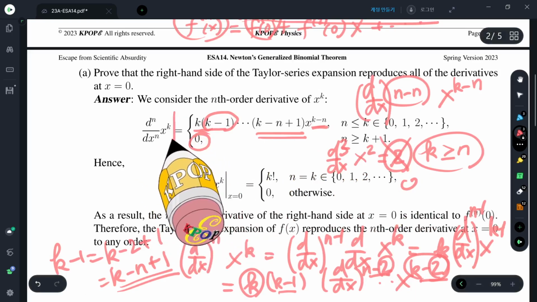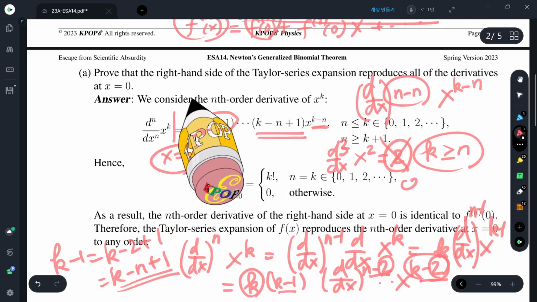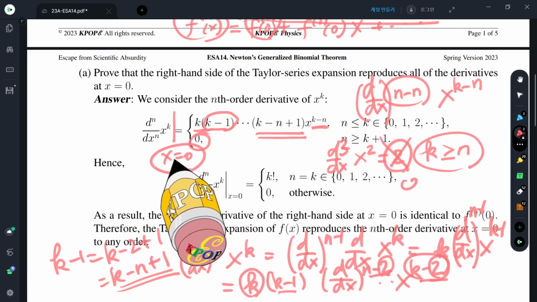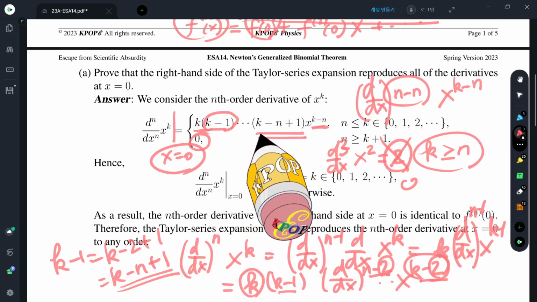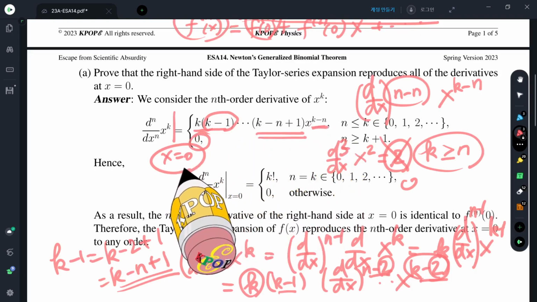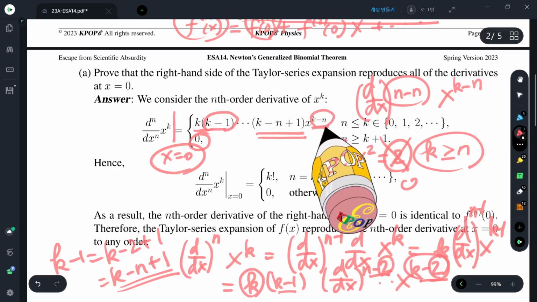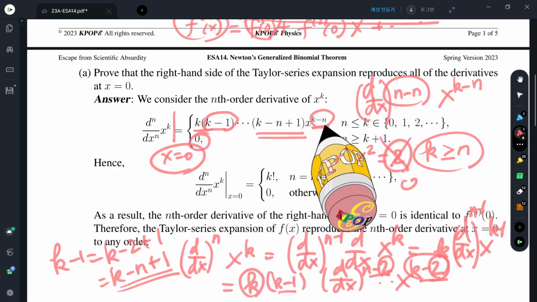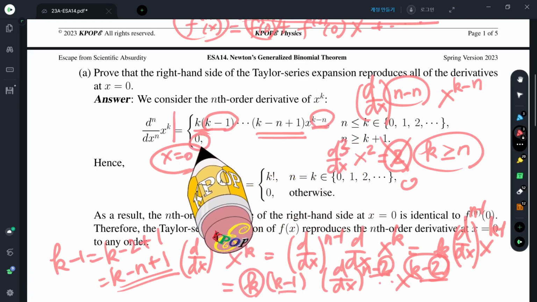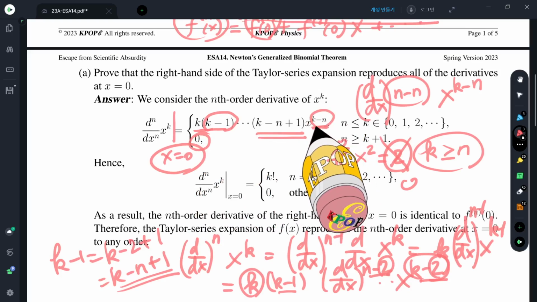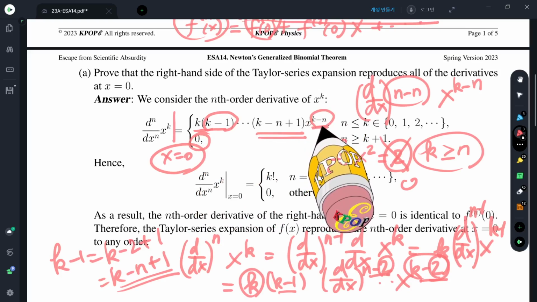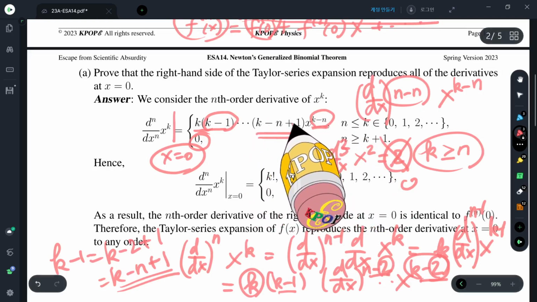What happens if I substitute x equals 0 after taking the derivative? Then, to have a non-zero value, this exponent should be 0. If it is negative, the value is 0. If it is positive, if I substitute x equals 0, that vanishes. So the only term that does not vanish is the case when k equals n. So k equals n, it ends up with 1.